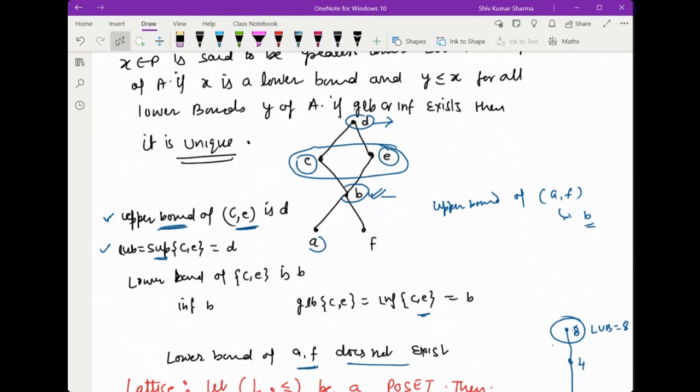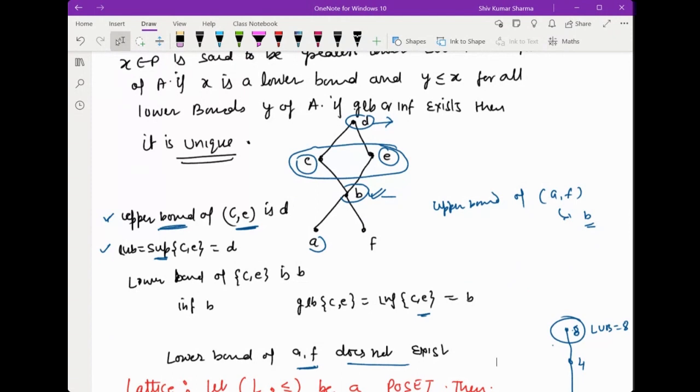Same, we modify this question, that means when we talk about what is the least upper bound of B. So how to write least upper bound of B? There is no least upper bound, because we have 2 upper bounds C and E, which are not in a unique form.